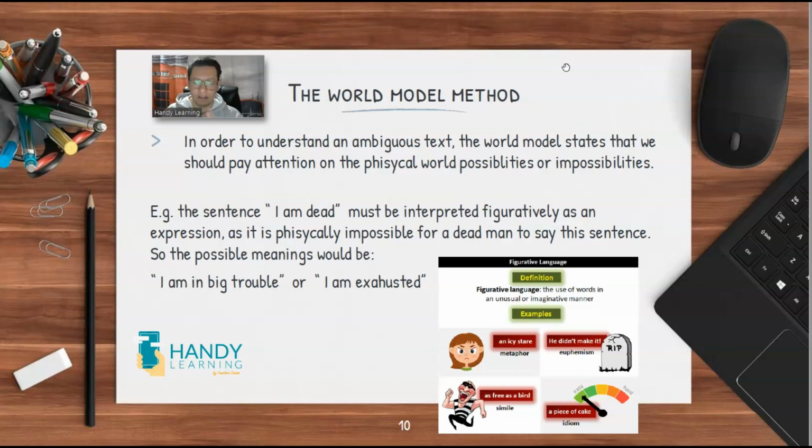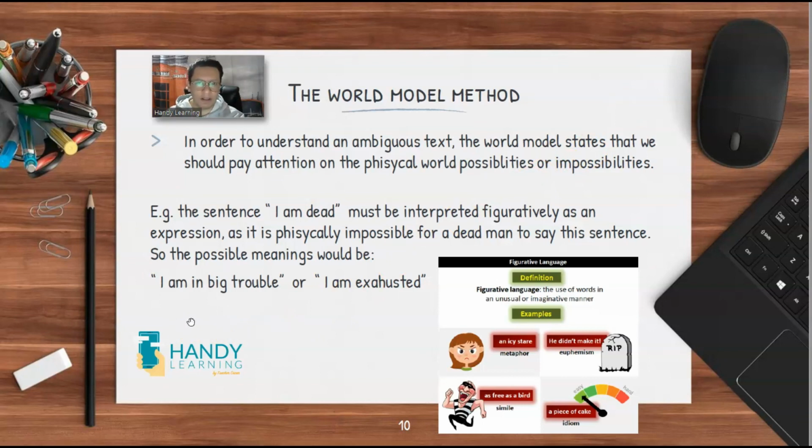For example, if somebody tells you, I am dead, that will not be really true. I mean, literally, it is not physically possible for someone to say, I am dead. So in that case, we will infer that the expression has a figurative meaning, right? So I am dead will mean I am in big trouble or I am exhausted.